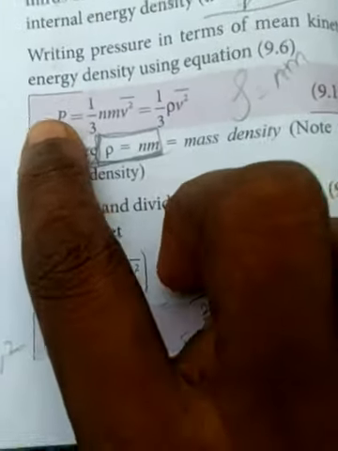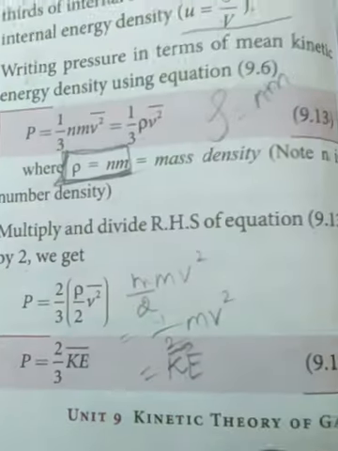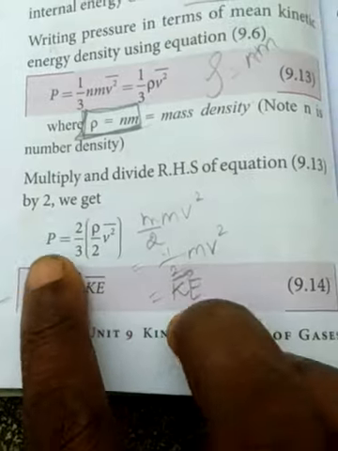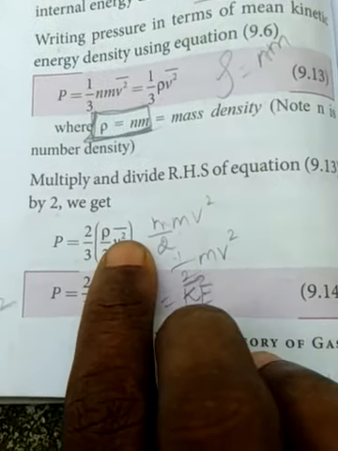Here you multiply by 2. Upper 2P equal to 2 by 3 rho v squared. Okay, so here having the 2, that 2 going to this side means 1 by 2 comes, right? So I find this value: P equal to 2 by 3 times rho by 2 v squared.